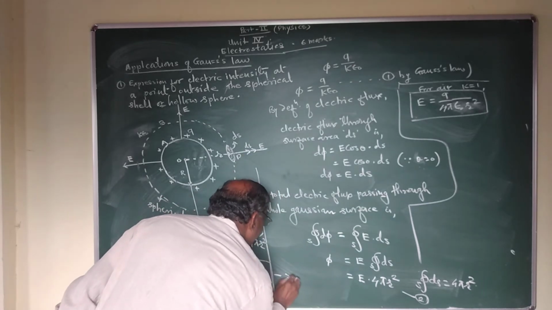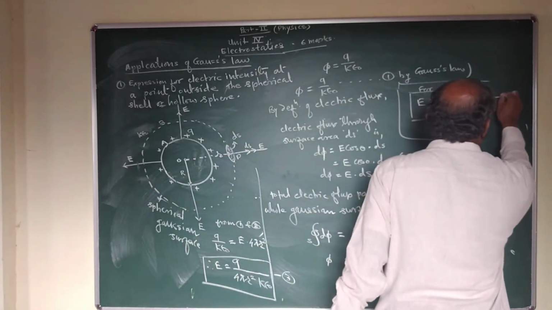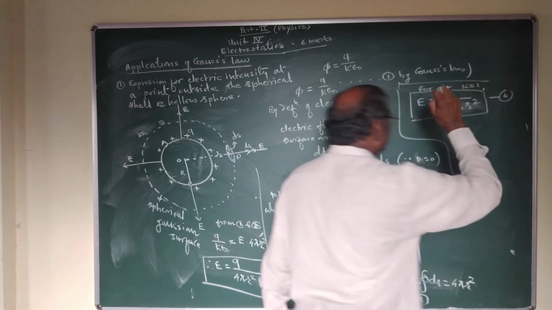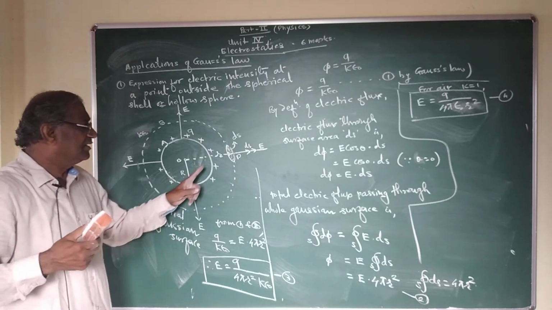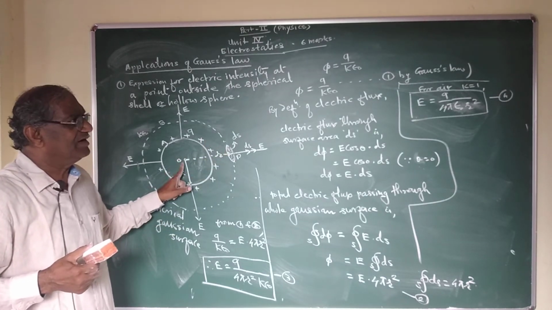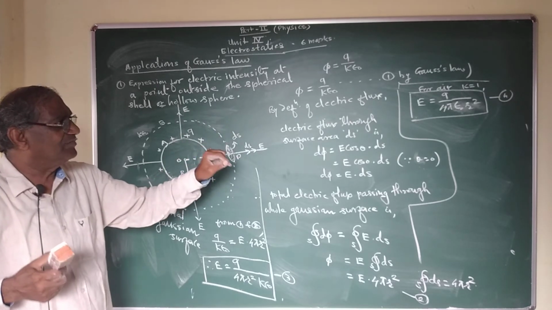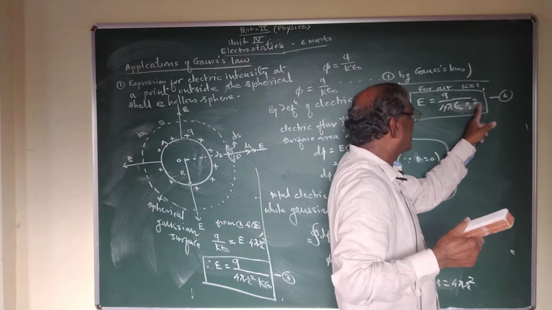Equation number 3 is the general expression, and this is equation number 4. This is the expression for electric intensity at a point outside the charged sphere for air medium: E is equal to q upon 4 pi epsilon 0 r square.